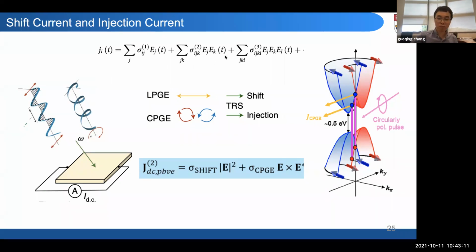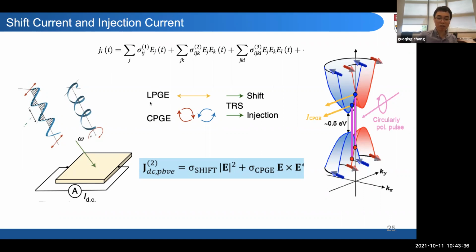So when you apply a polarized laser, for example a linear polarization laser or a circular polarization laser, on a crystal, according to this formula, if your crystal lacks inversion symmetry, you can have the DC current, which we can directly detect.